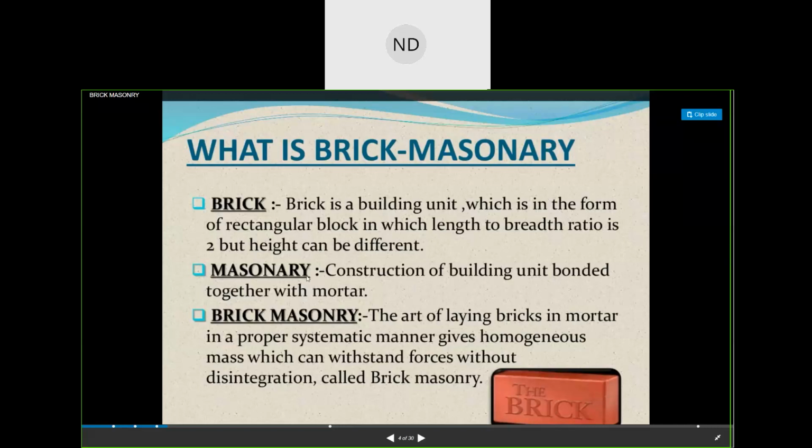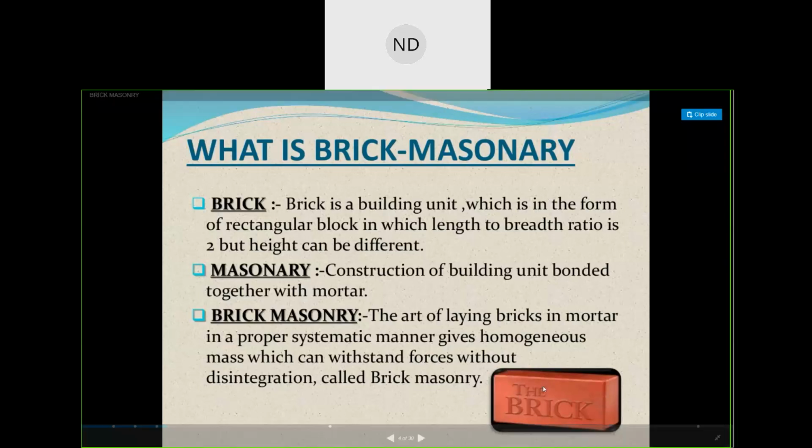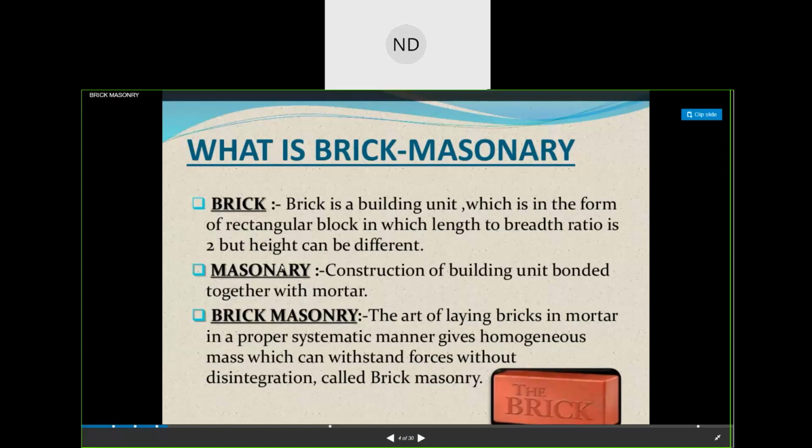When you are constructing a building and bonding materials together with the help of mortar, that is known as masonry. Now, what is brick masonry? The art of laying brick in mortar in a proper systematic manner gives a homogeneous mass which can withstand forces without disintegrating, called brick masonry.